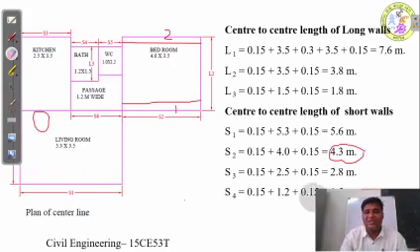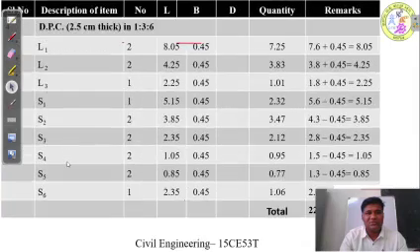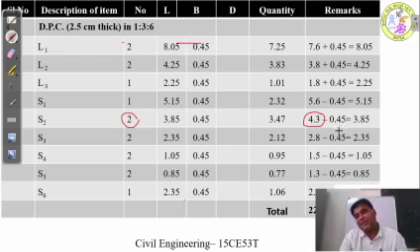So 4.3 meter is the length, and there are two numbers of S2. So 4.3 meter minus 0.45 meter, the width of the DPC that will be applied, so the total length will be 3.85 meters multiplied by only the breadth that will be applied, 0.45, will take me to 3.47 square meters.